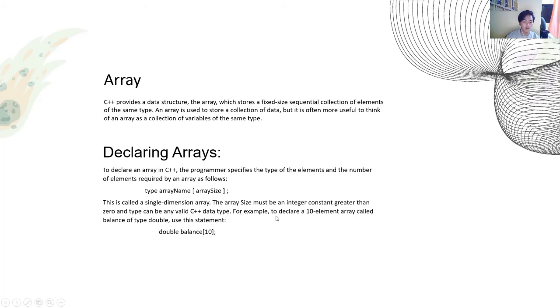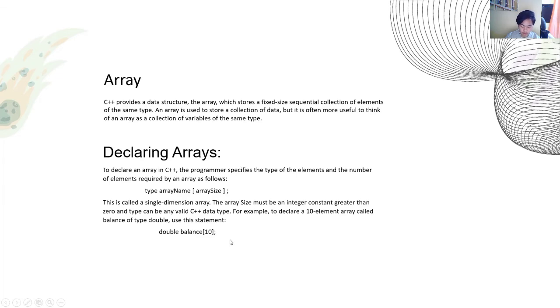For example, to declare a 10-element array, code balance of type double uses the statement double balance[10], with 10 inside open and close square brackets. The double balance here is the array name, and the 10 inside the square brackets is the array size.